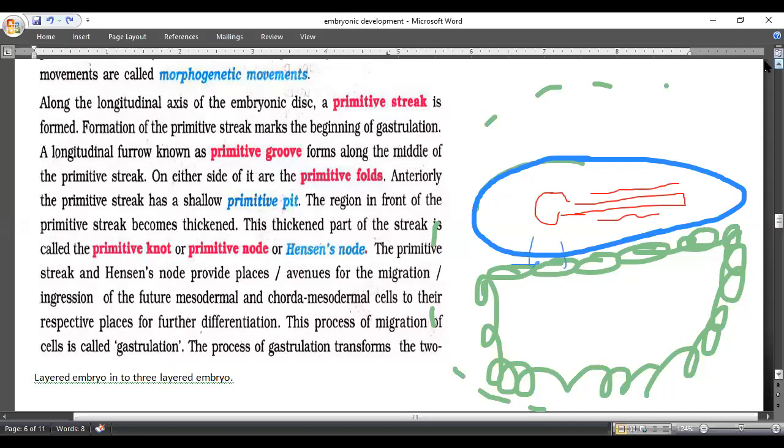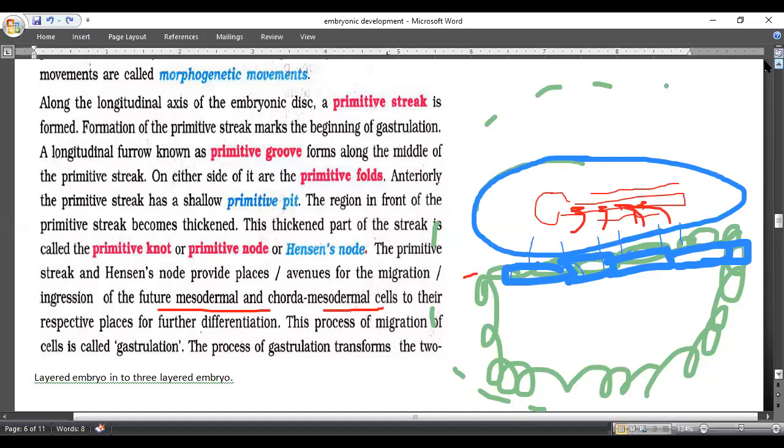Now I am using my own words here. The ingression of epiblast cells replaces the hypoblast cells for the formation of endoderm. Next, some of the future mesodermal and chordamesodermal cells will enter the primitive groove.